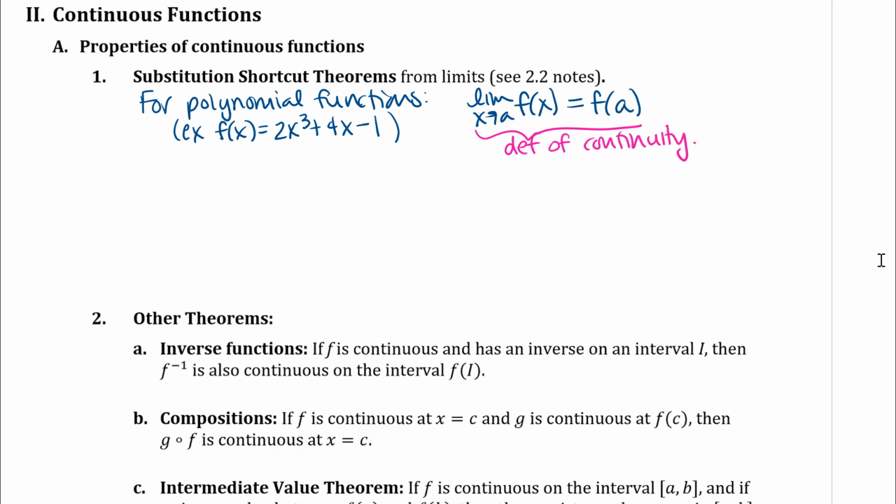So essentially what those theorems that allowed us to use substitution as a shortcut really are saying, now that we have this vocabulary of continuity, is that polynomial functions are continuous at every value of x. And we had a lot of other substitution shortcut theorems, some of which were for functions that might have restricted domains.